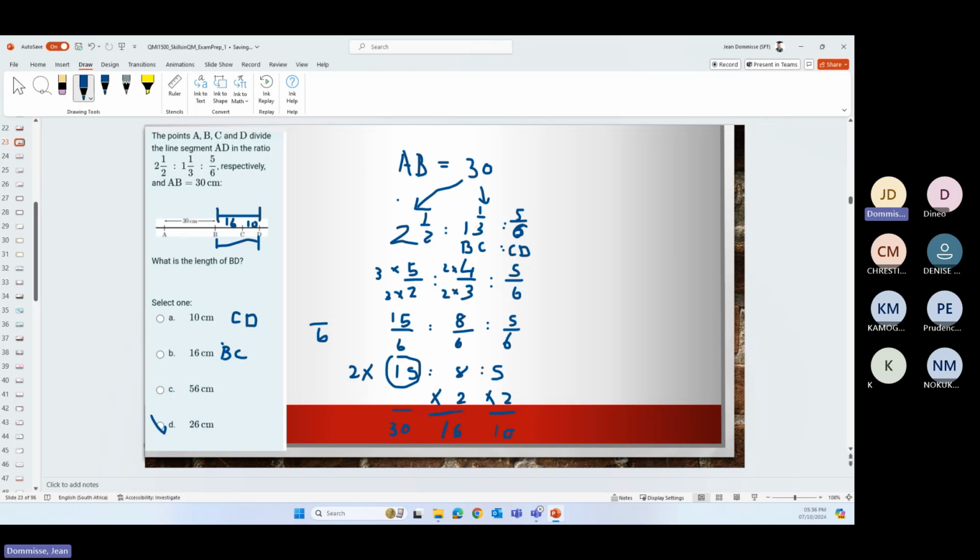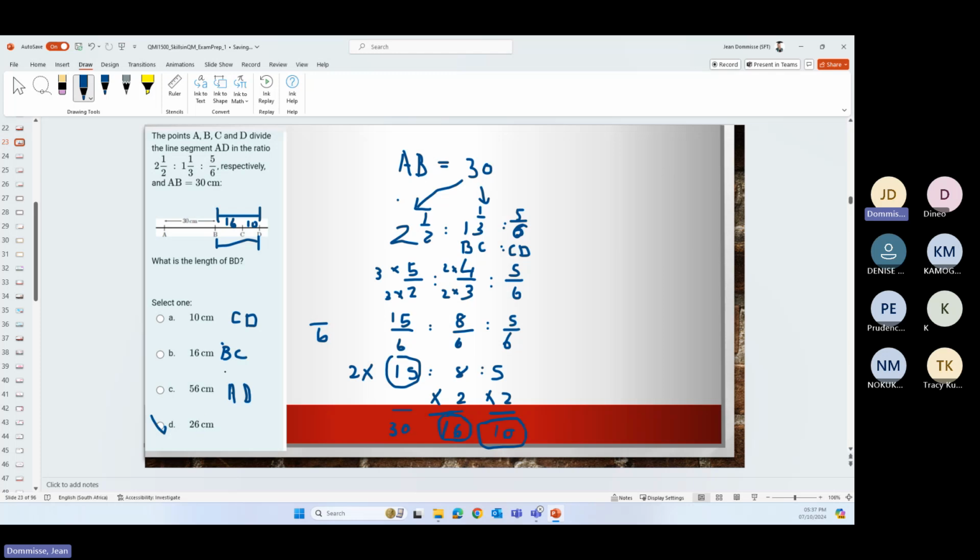And they could have asked us the length of AD. So if they ask us AD, that would have been 30 plus 16 plus 10, which would have given us the 56. If they ask us BC, that would have been 16. If they ask us for CD, that would have been the 10. And if they ask us B to D, so that was then 16 plus the 10.